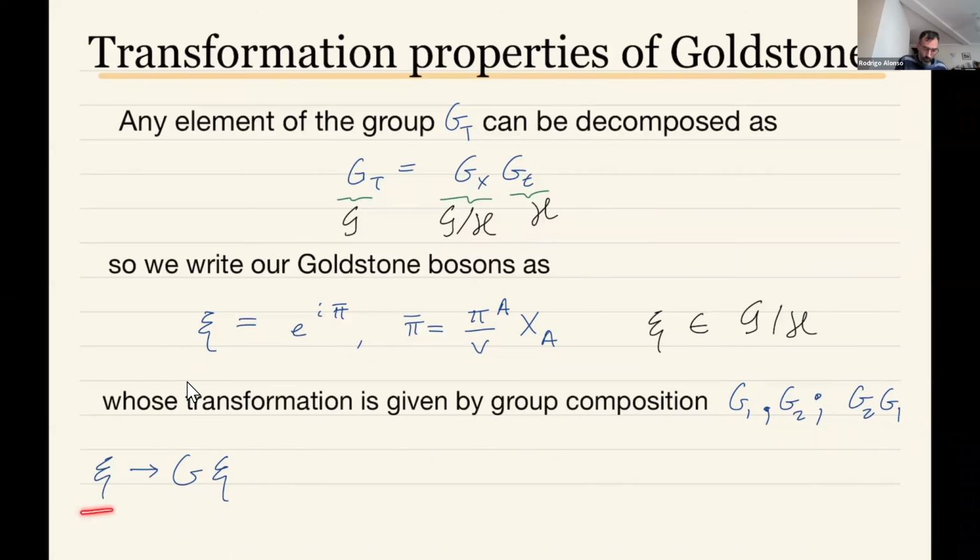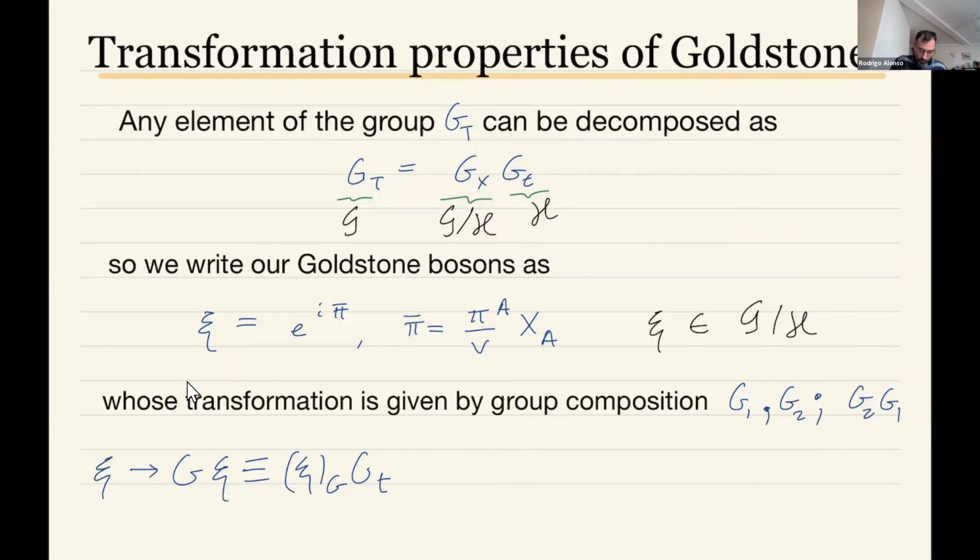And so from C, we'll go to the product of G times C, simple enough. But now we have to project this back into the broken and unbroken parts of any group element. So we'll define this as a transformed field C prime times an unbroken transformation, h, just because we know we can always write it like that.